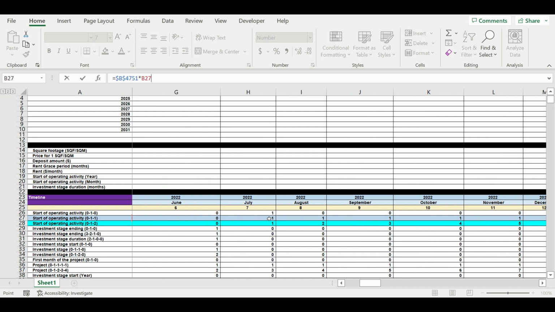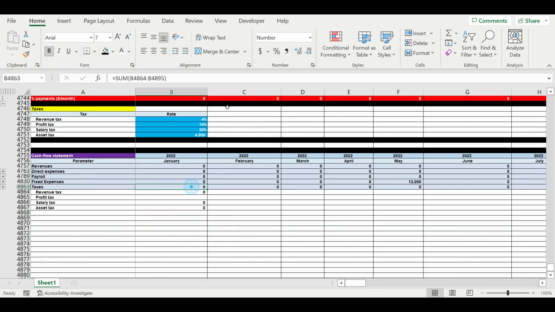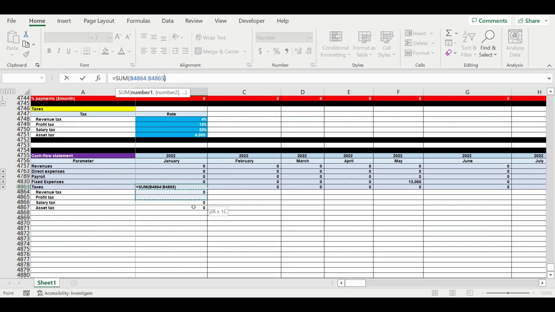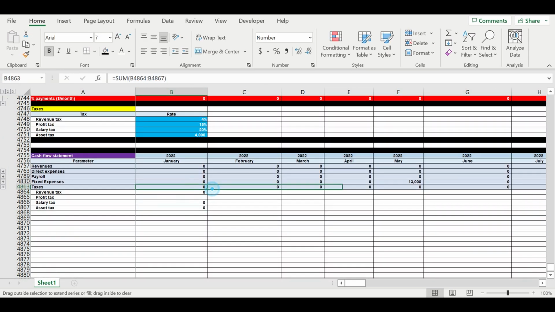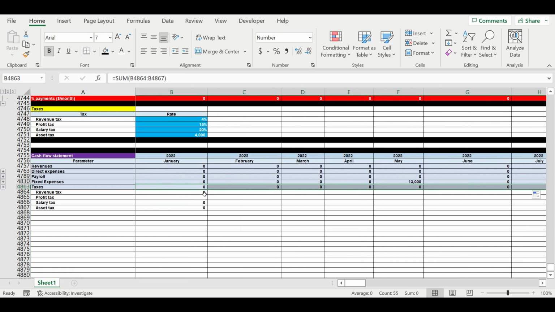Then I press enter, I will create totals for the taxes. I'm sorry, I will also extrapolate this data.